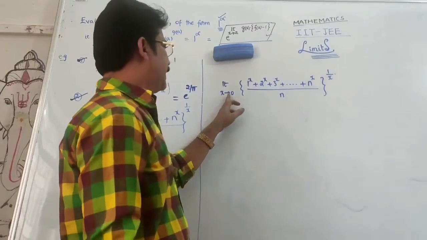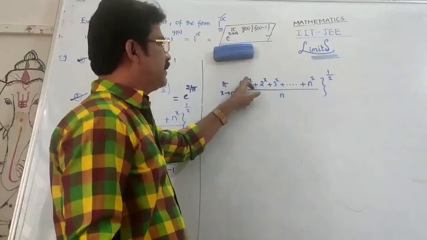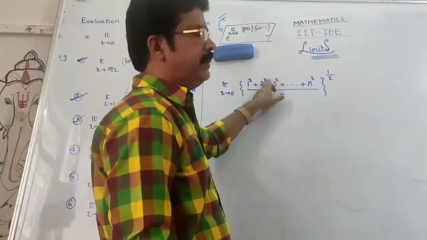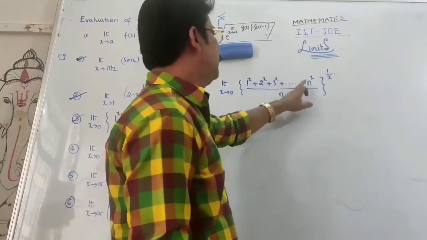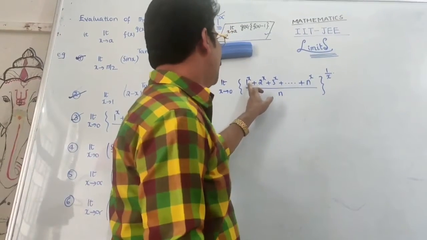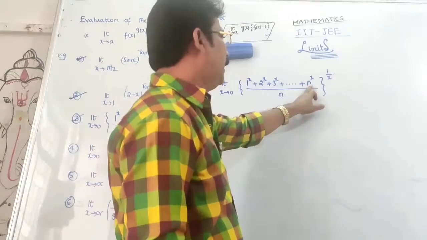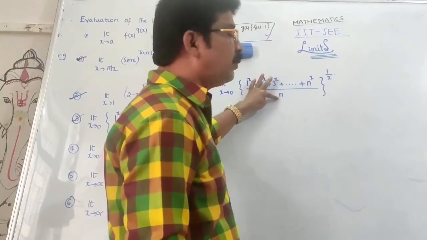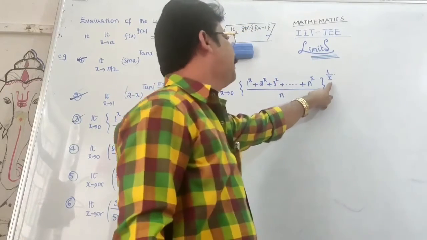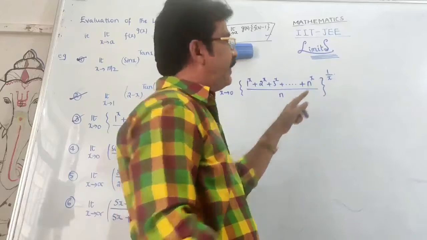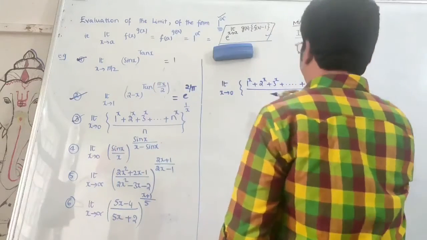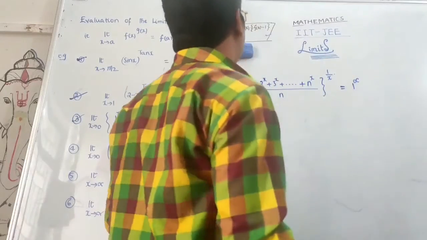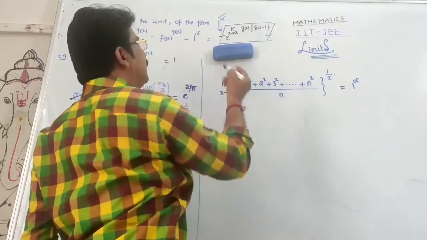So clearly, put x equal to 0: 1 power 0 is 1, 2 power 0 is 1, 3 power 0 is 1, n power 0 is 1. 1 plus 1 plus 1 and so on, n ones are there. Therefore it is n by n equal to 1, and 1 to the power of 1 by 0, which is infinity. So on substituting x equal to 0 directly, it is again 1 to the power of infinity. So we are using this formula.